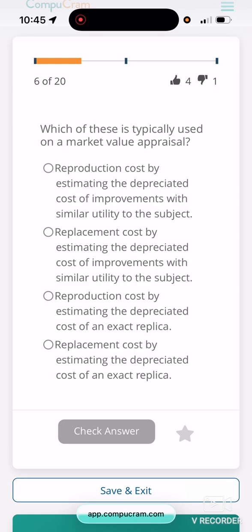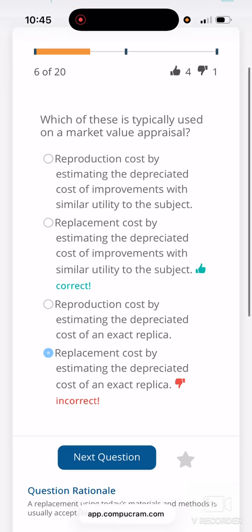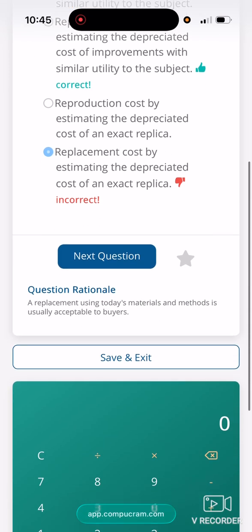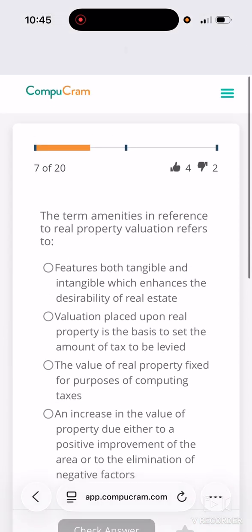Replacement cost by estimating the depreciating cost of an exact replica. This actually does sound familiar, and we got the first one wrong. So it's B: replacement cost by estimating the depreciated cost of improvements with similar utility to the subject. So the question rationale: a replacement using today's materials and methods is usually acceptable to buyers. Not much of an explanation, huh?